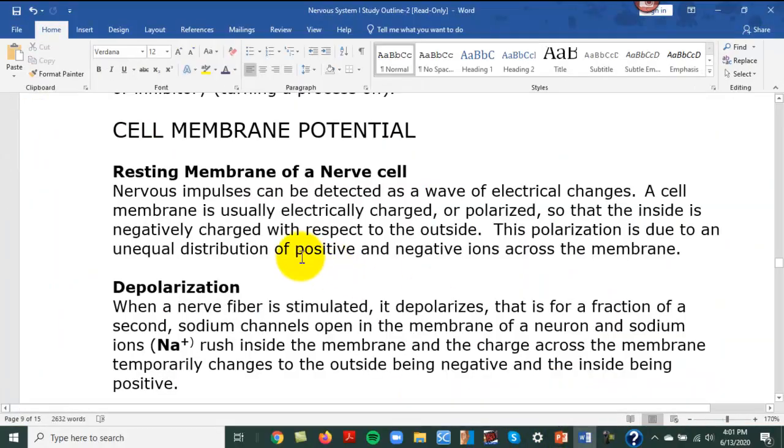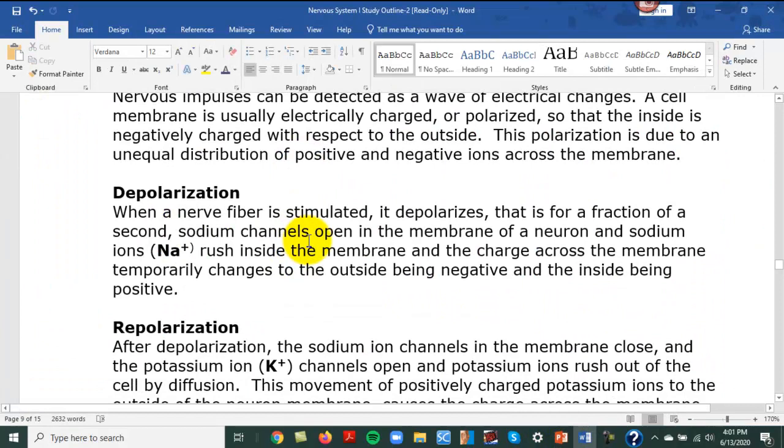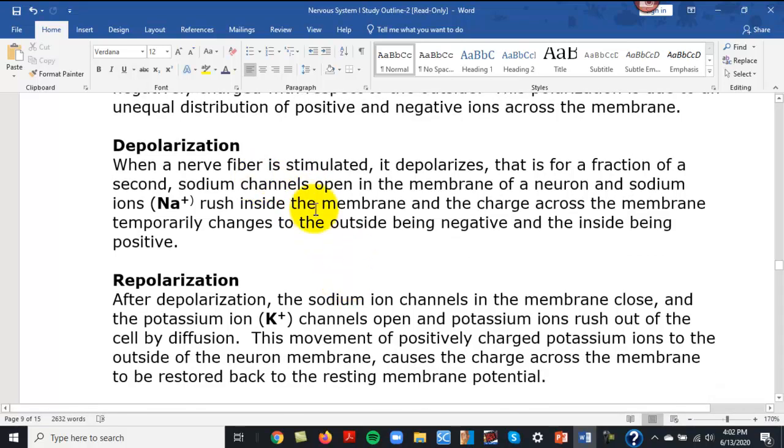When a nerve depolarizes, sodium rushes inside the cell. It temporarily changes the charge across the membrane from positive outside and negative inside to negative outside and positive on the inside. It's very short. Remember, it repolarizes directly behind that. So nerves depolarize just like a muscle does.